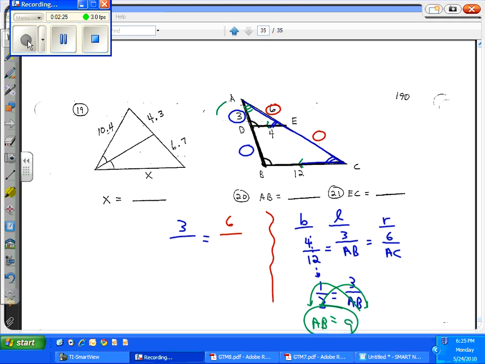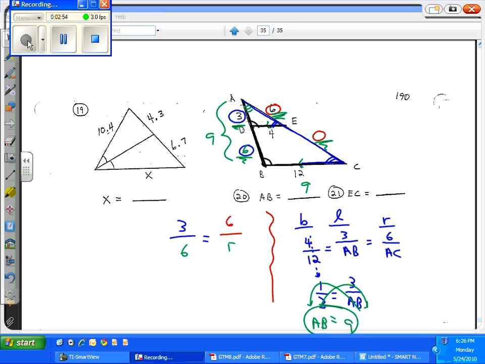So AB is 9. Now AB is this whole thing. If AB is 9, then that little piece would be 9 minus 3, which is 6, which you didn't ask for, but that's it. Now, if we wanted to at this point, we could set up a proportion, top piece over bottom piece equal top piece over bottom piece, and find EC. I'll just call it EC.